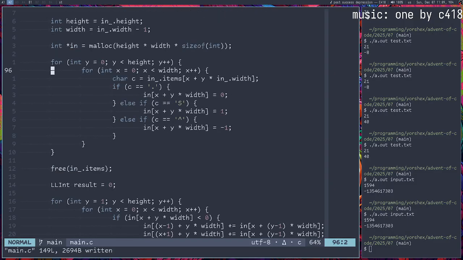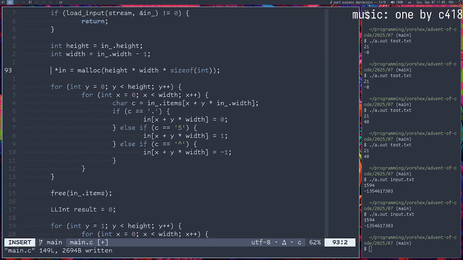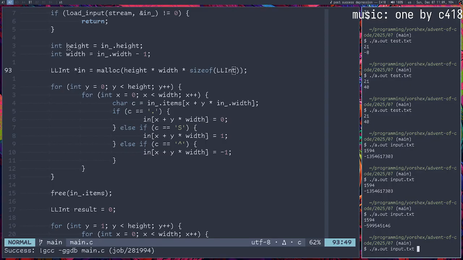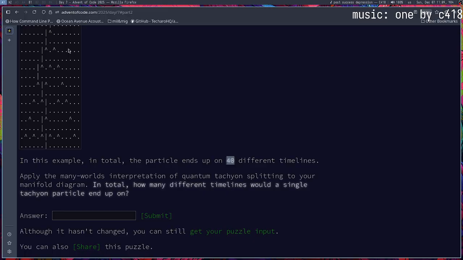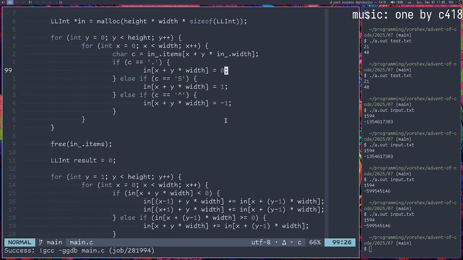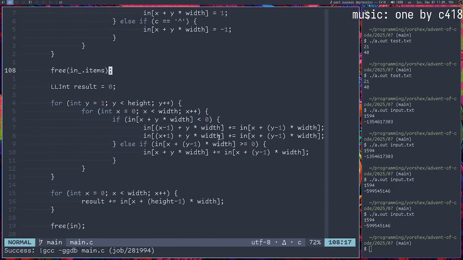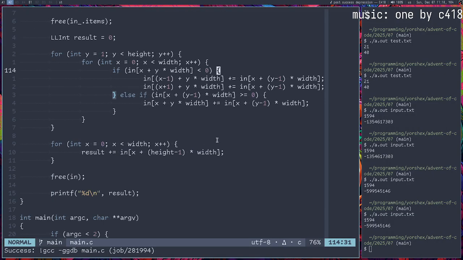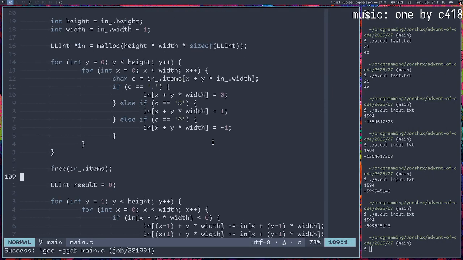And I don't know what's wrong with it. Let's make these large integers too. It's a negative number, but now it's less.